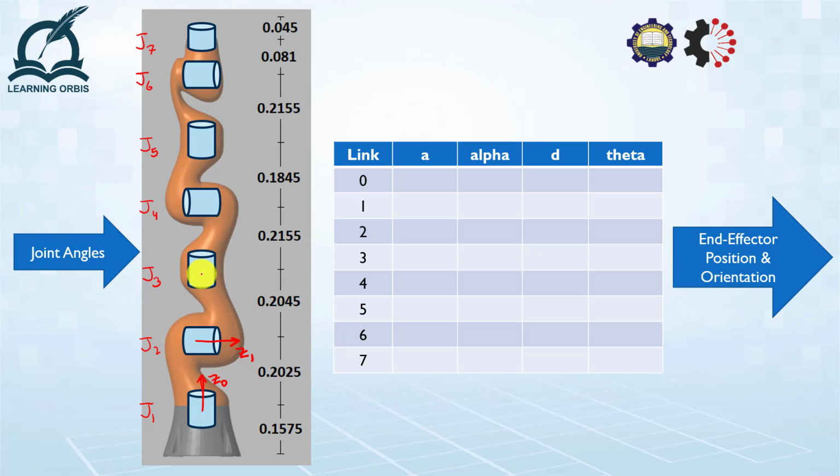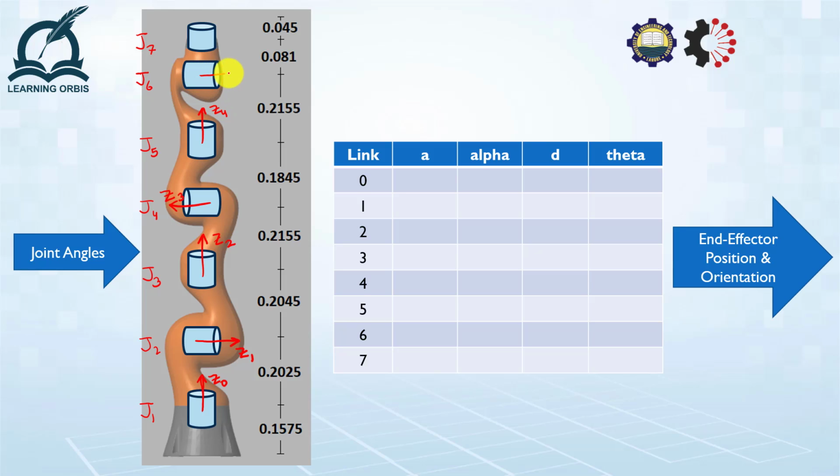Z1. And for the third joint, this will be the joint axis, so I'm going to label it as Z2. Over here, this will be the joint axis for joint 4. It will be labeled as Z3. Similarly, joint 5 will have this joint axis, so it will be labeled as Z4.